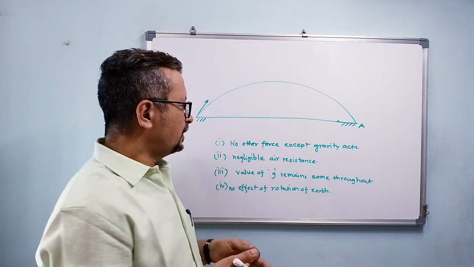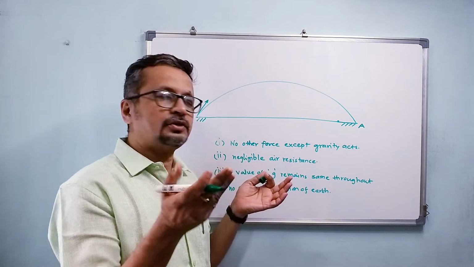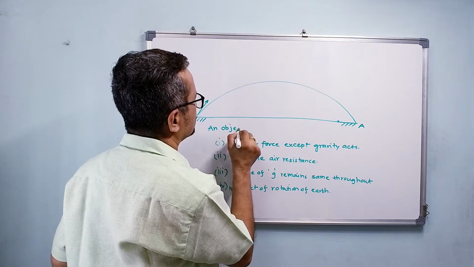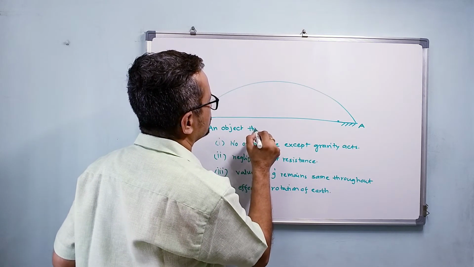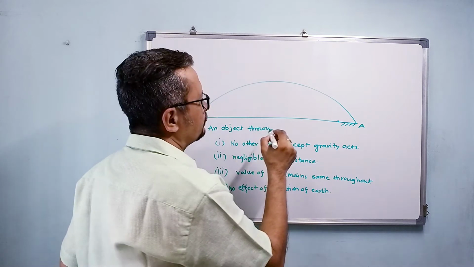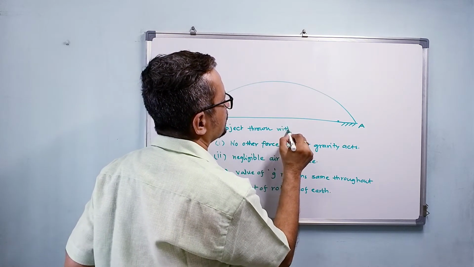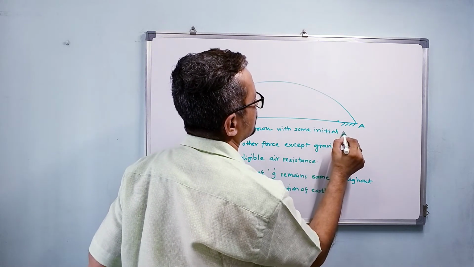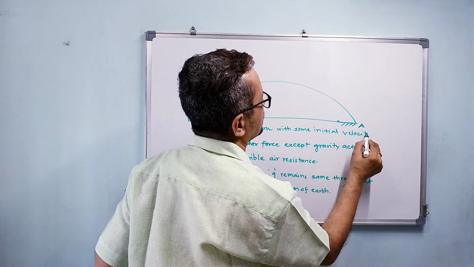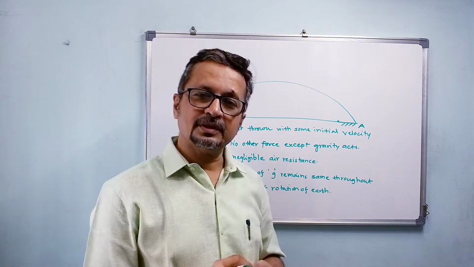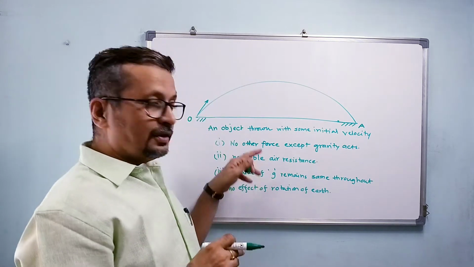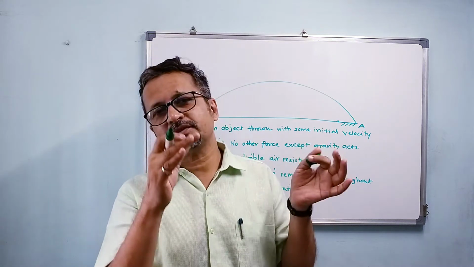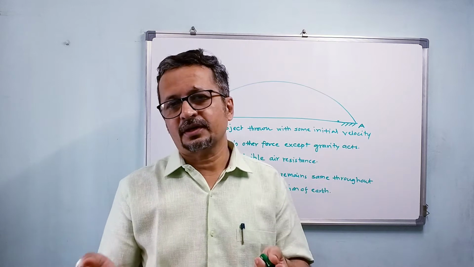Now these are the assumptions with reference to what? An object thrown with some initial velocity, and then adhering to these conditions, it moves, it reaches some maximum height, and then it reaches the ground again.